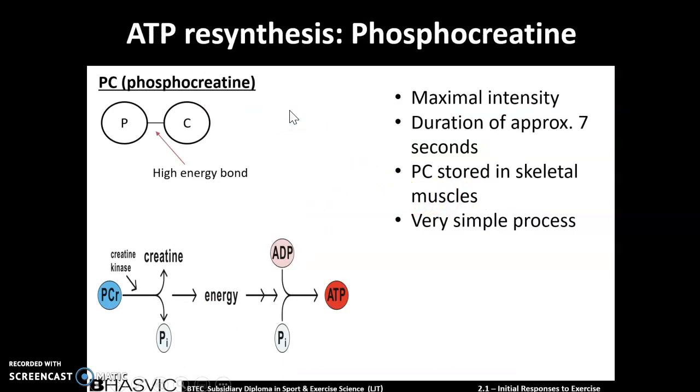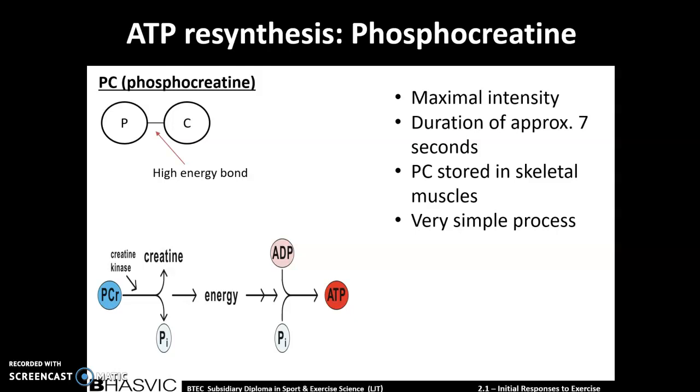Now looking at phosphocreatine, this is usually known as the ATP-PC system, but looking at phosphocreatine on its own, it's made up of one phosphate molecule and one creatine molecule, and these are stored in the muscle sarcoplasm.